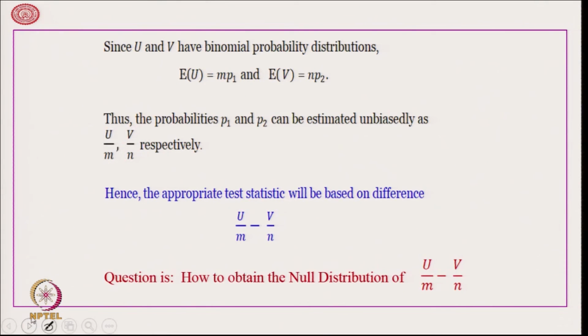But the question is how to obtain the null distribution of this statistic u/m minus v/n.